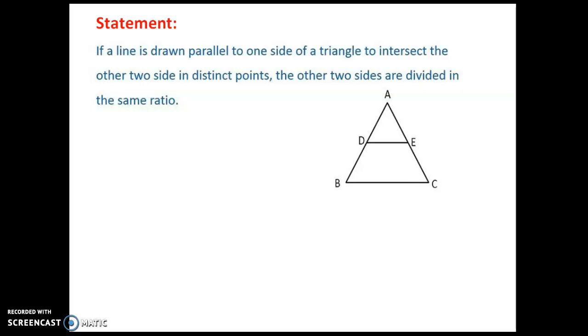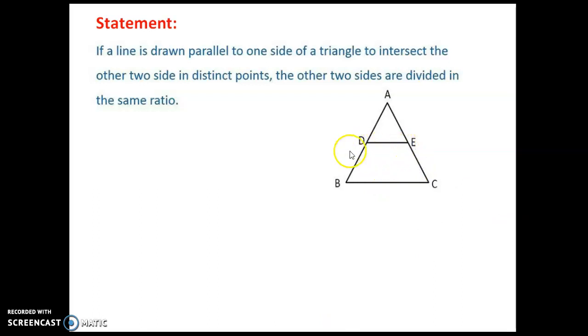If a triangle is there, one parallel line is there which cuts the other two sides in two distinct points.